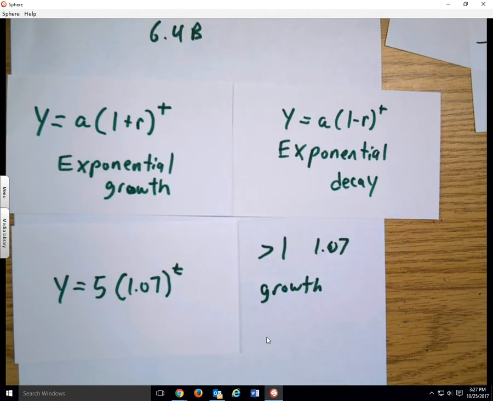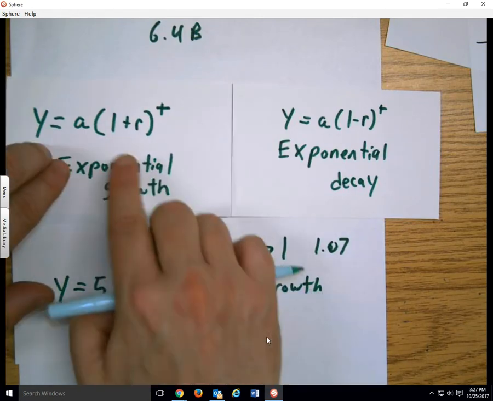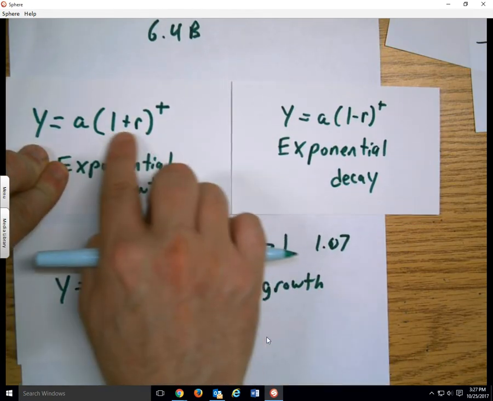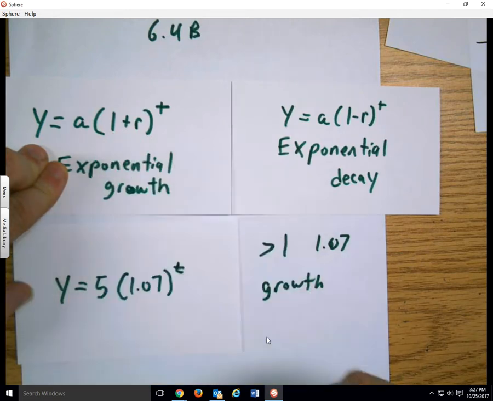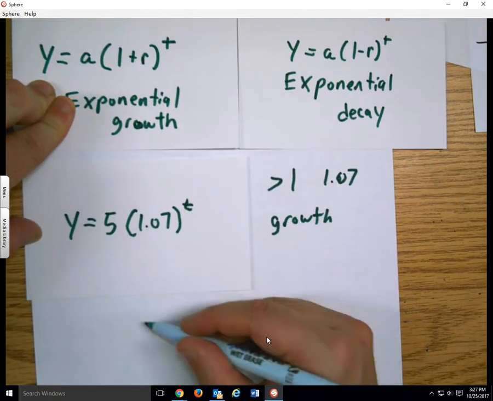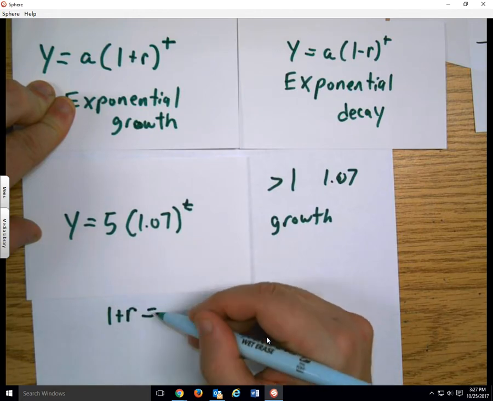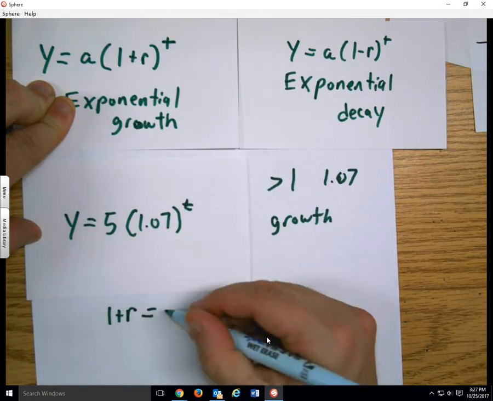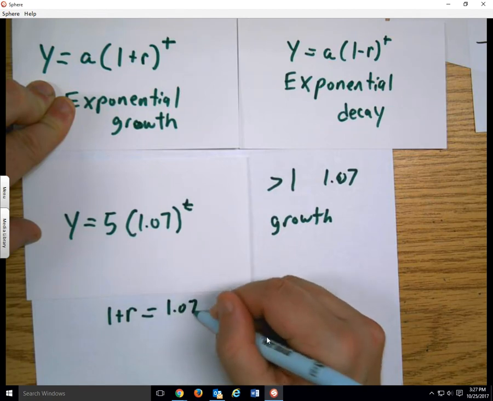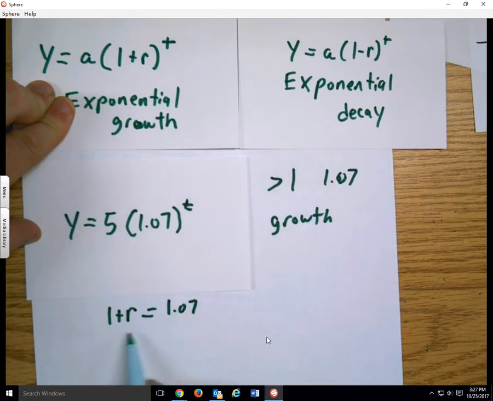But how much, though? There's a couple ways you could answer this, but I just like to do it algebraically. It just makes sense to me. If I were to do it algebraically, this 1 plus r, this growth factor, would equal what's in there, the 1.07. Now, all I have to do is solve for r. Since r is being added to, I do the inverse operation, which is to subtract 1 from both sides.